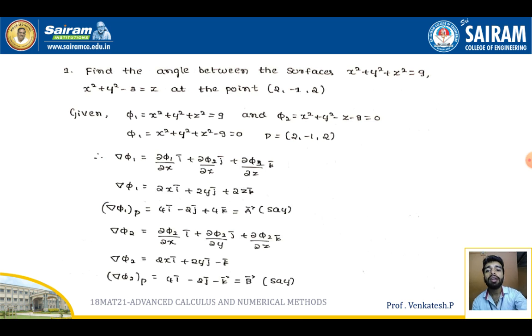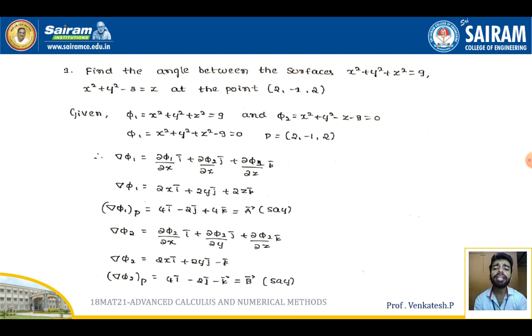Differentiating with respect to z, I'll be getting 2z. So del pi 1 vector is 2x i cap plus 2y j cap plus 2z k cap. The same thing I am going to evaluate at the point 2, minus 1, 2. If I replace x is equal to 2, y is equal to minus 1 and z is equal to 2 in this del pi 1, I'll be getting 4i minus 2j plus 4k. Since it is a vector, I can call it some vector a.